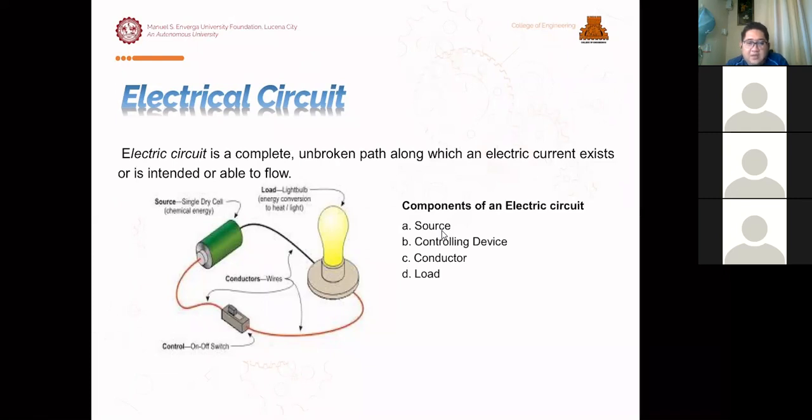The load is our light bulb, which converts the energy from the dry cell, the battery, into another form, let's say heat or light energy. That is what makes up our electrical circuit.